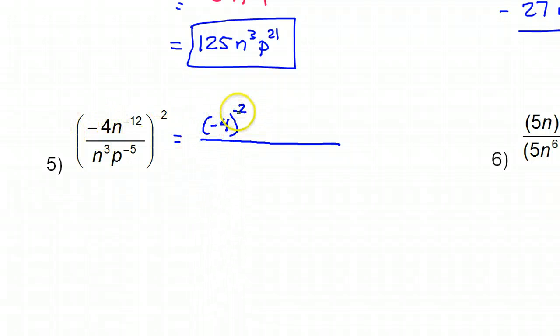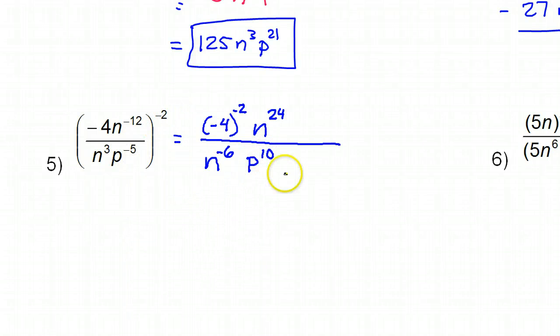So I've got my negative 4 to the negative 2 power, and then for the power to a power, I'm going to multiply that. So I'm going to have n to the positive 24 power. All right, and these are just variables, so I will just multiply here again. So I will have n to the negative 6 power, and I will have p to the positive 10 power as I multiply.